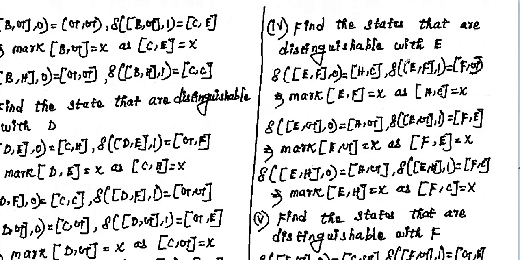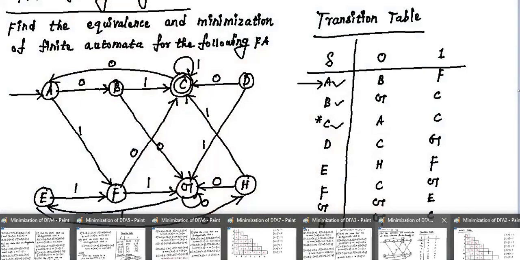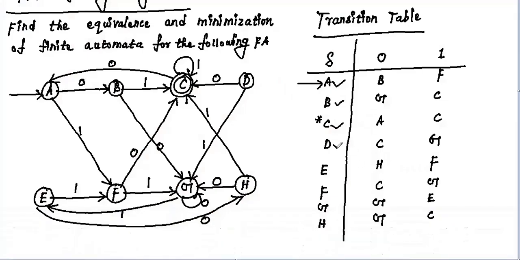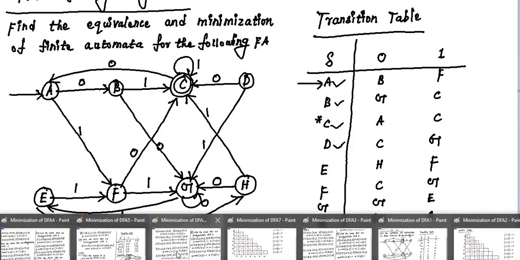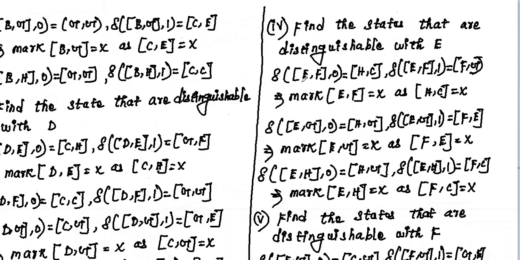Find the states that are distinguishable with E. So we are done with distinguishable with D. Next, distinguishable with E means take the pairs EF, EG, EH. Here you write EF and apply input 0, 1, EG and apply input 0, 1, and the last one EH input 0, 1.